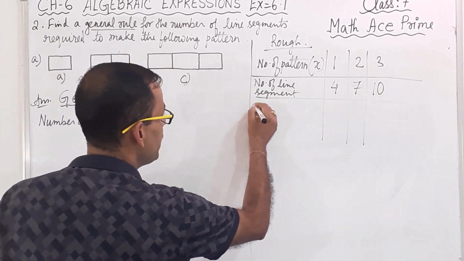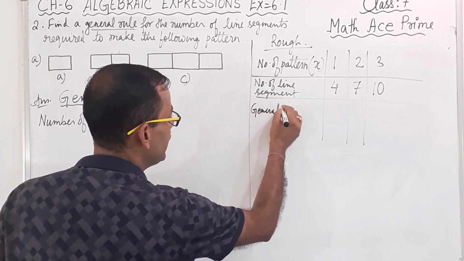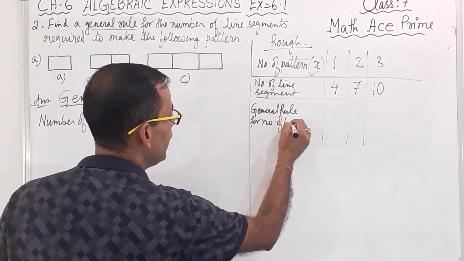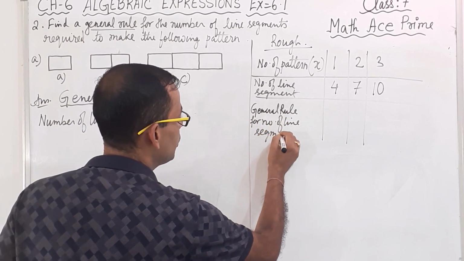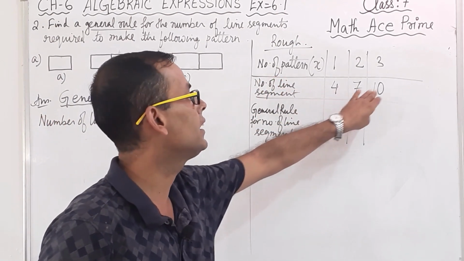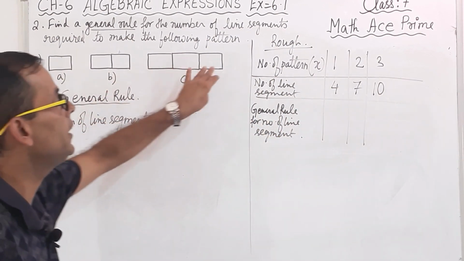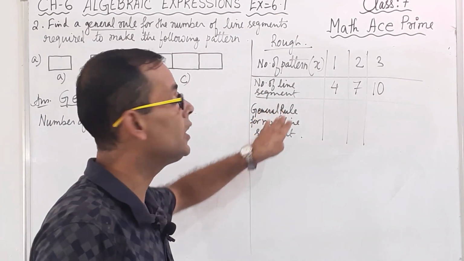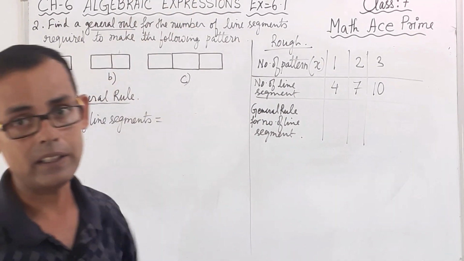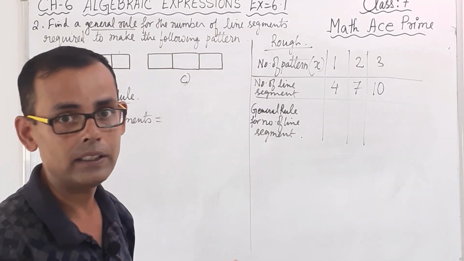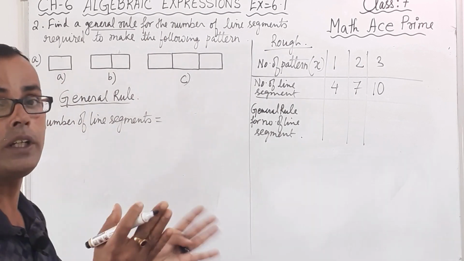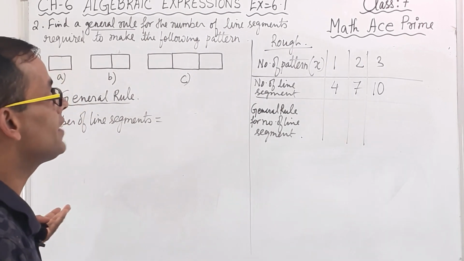Here only we have to find out the general rule for number of line segments. Here I got 4, 7, 10 by counting, but I have to find the general rule. Here 3 is just the pattern. Suppose there are 10 patterns, then how many will there be? 20 patterns, then how many? So with a general rule, if I put it in, then I can find out how many line segments will be there.